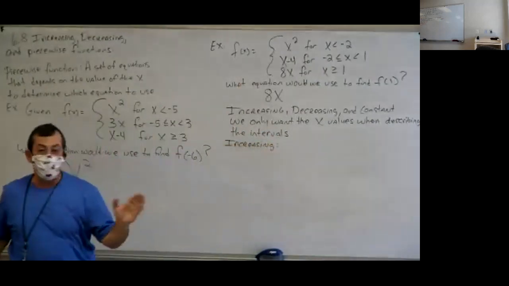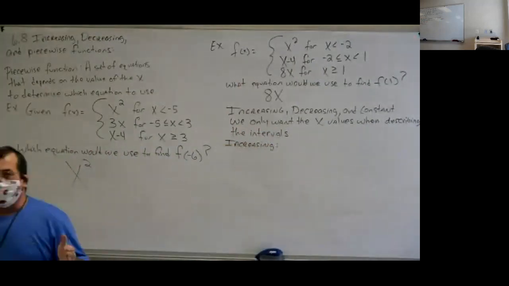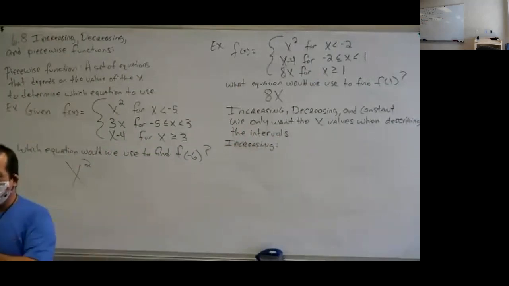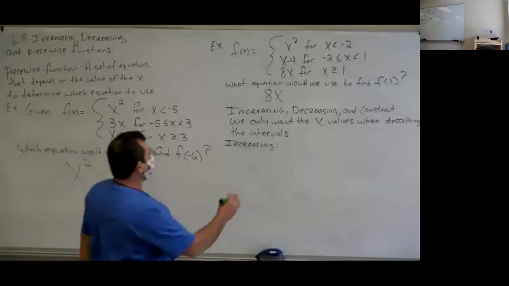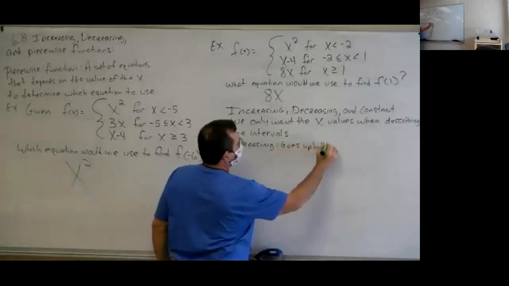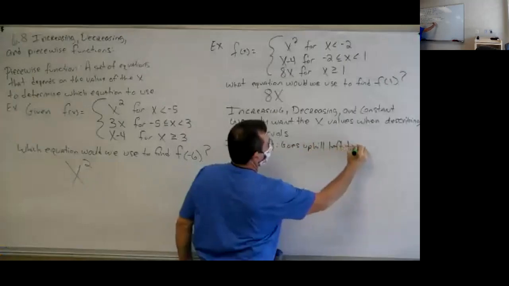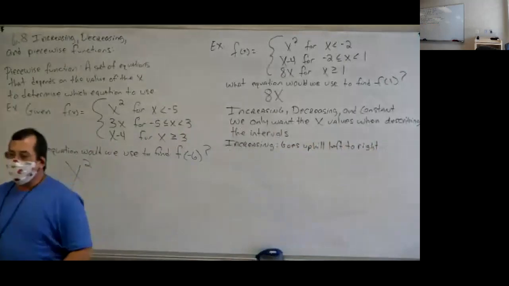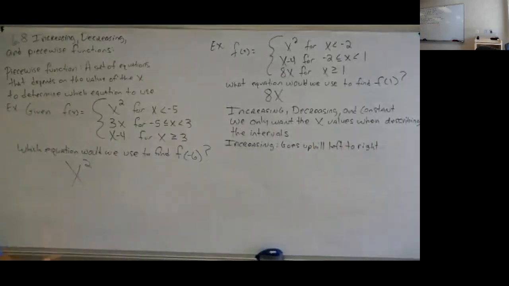Now, here's the thing you got to remember on the graph. We read the graph from the left to the right. So if it's going uphill left to right, it's increasing. It's not decreasing because you can't read it right to left. You got to go left to right. So increasing is going to go uphill left to right, which means if you were looking at the slope, it has to be a positive slope to go uphill.